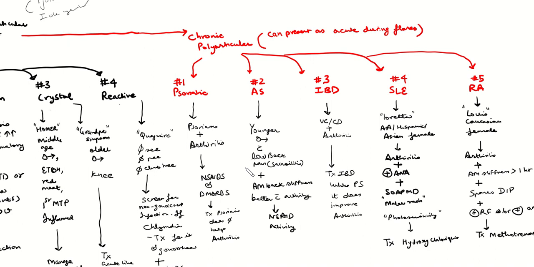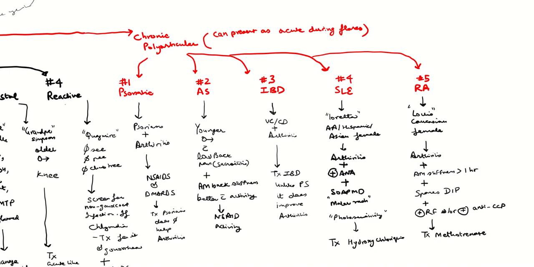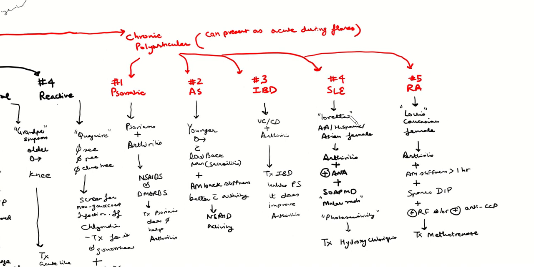Last but not the least, there's 2 of them, lupus and rheumatoid arthritis. Very, very difficult to separate sometimes in real life. But on questions, it's actually not that hard because for lupus, they'll give you a minority, African American, Hispanic, or Asian female. For rheumatoid arthritis, they'll give you a Caucasian female.